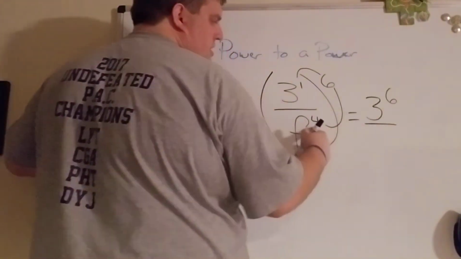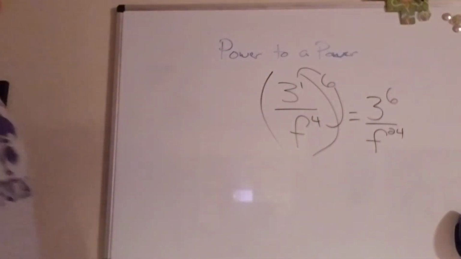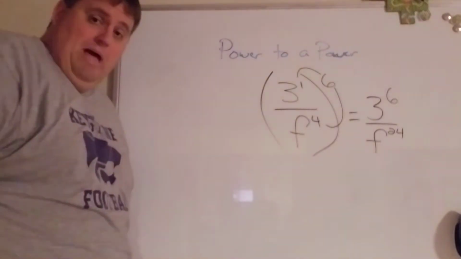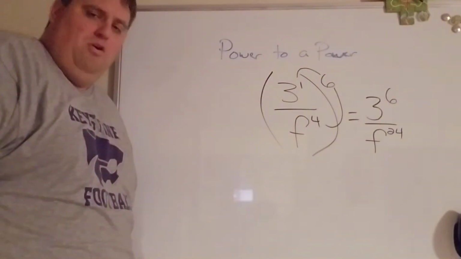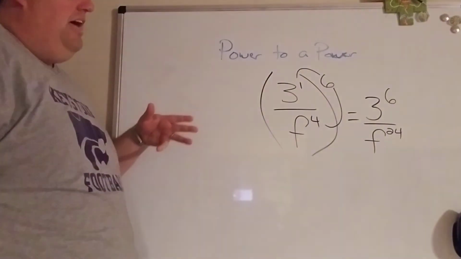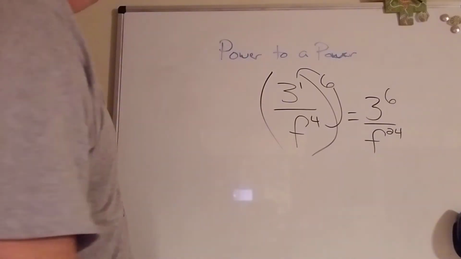And then on the bottom here, we would have f to the 24th power. All right, so basically that's power to a power in a very quick and easy to learn way. We take the exponent on the outside, and we multiply it by all the exponents on the inside.